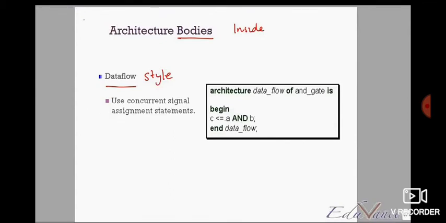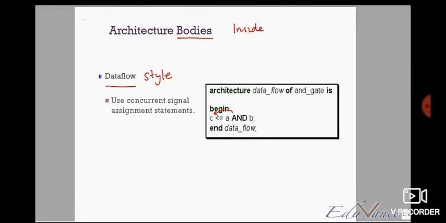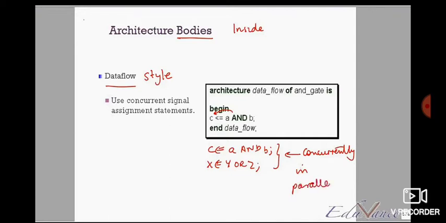That is, if I have to specify an AND gate, I would just write C is assigned A and B. So A and B is assigned to C. If you want to make multiple gates, then you can say C is assigned A and B. You would say X is assigned Y or Z. So all of these statements will execute concurrently or in parallel.